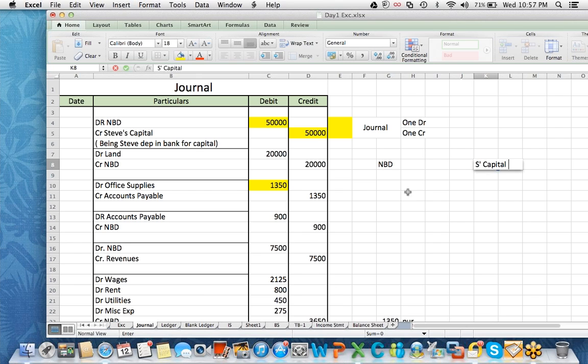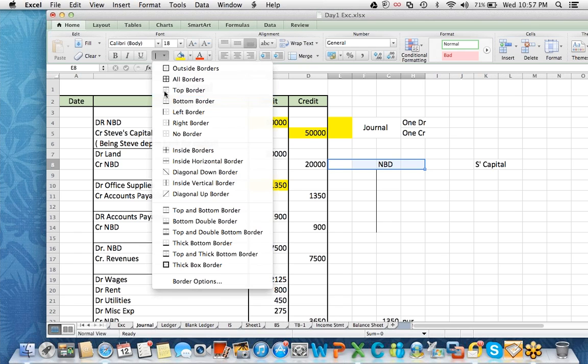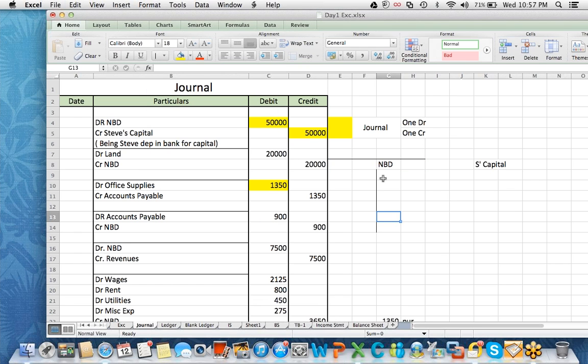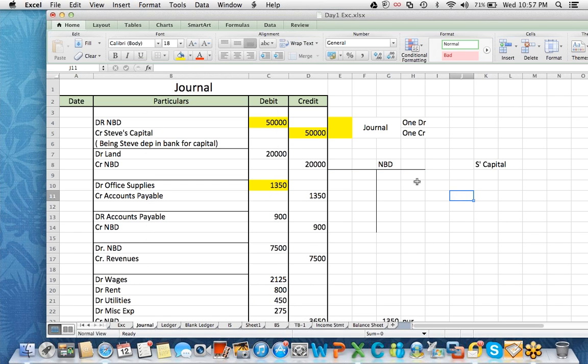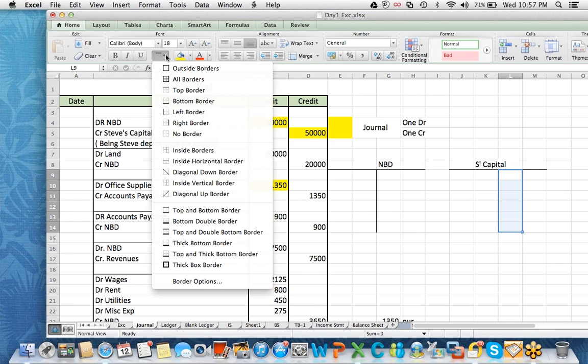This is the debit side of NBD and the other one is the credit side of NBD. Here also we have Steve's capital account, debit side and credit side.